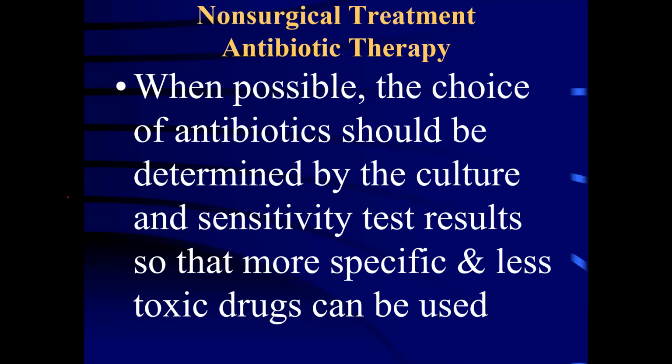We use PCR a lot in the diagnosis. We have a high incidence of tuberculosis, fungus infections. You have to pay attention to other things when you're doing the biopsy for anaerobic organisms.